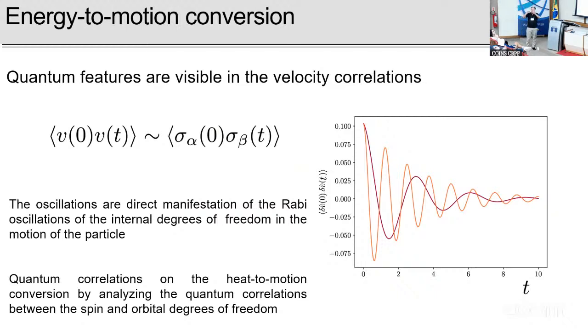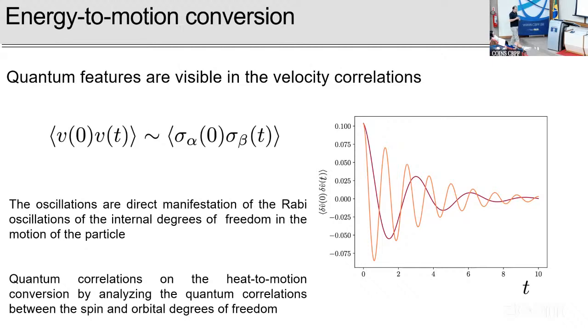What will happen is that the spins, in each K mode, will have Rabi oscillations, and this Rabi oscillation will show up in the velocity. The oscillation that you see in the correlation function is just the Rabi oscillation.